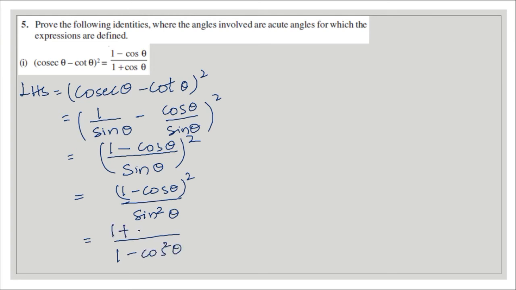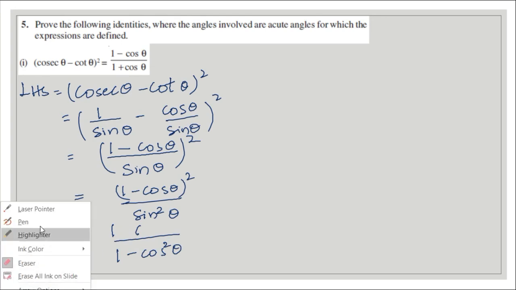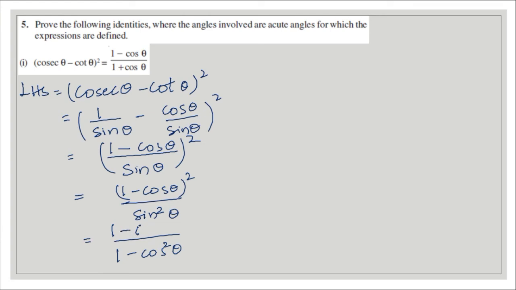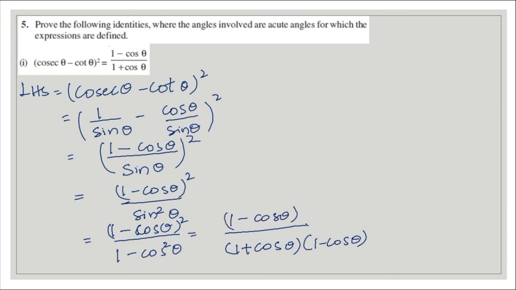The numerator we have 1 minus cos theta whole square. Now I'll use the identity. It can be written as 1 plus cos theta into 1 minus cos theta. This is 1 minus cos theta multiplied to the same thing because it is whole square.